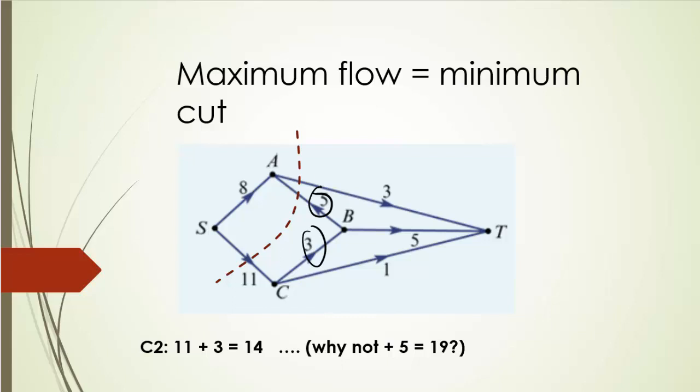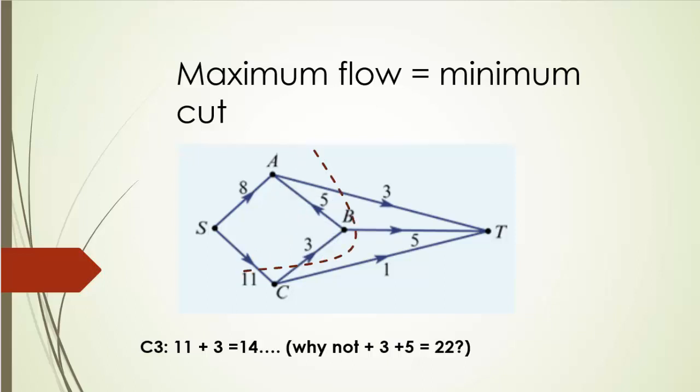Well, if we counted AB, we'd be counting CB twice. That 3 there is the same as that 3 there, so that's why this cut is only 11 plus 3. This one, C3, is a problematic one. I reckon that we only count 11 and 3, which is 14. Obviously we're not going to count that 3 there, but the textbook counts that 5, and I'm not quite sure why. Anyway, it's still not going to be the minimum cut, so it's not really material.